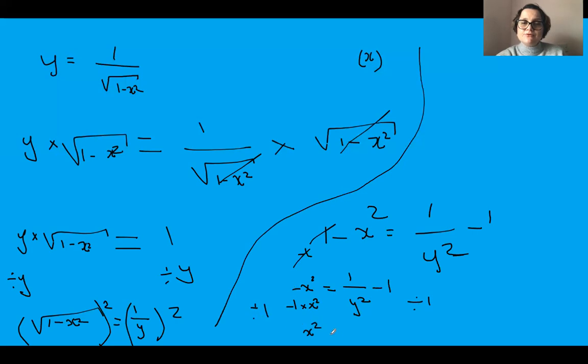x to the power of 2 equals, if I divide by minus 1 both sides, I'm going to have minus 1 over y to the power of 2, minus 1 divided by minus 1 plus 1. Okay, so divide both sides by minus 1. And so this one from plus becomes a minus, and minus 1 from minus becomes a plus.